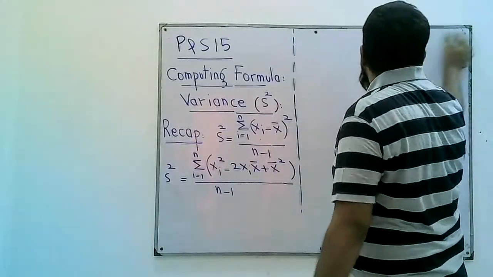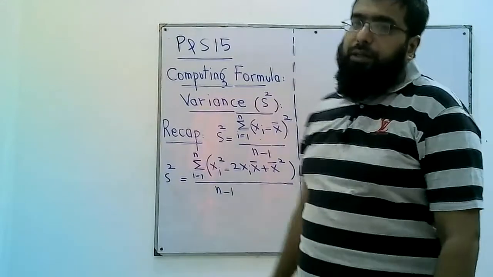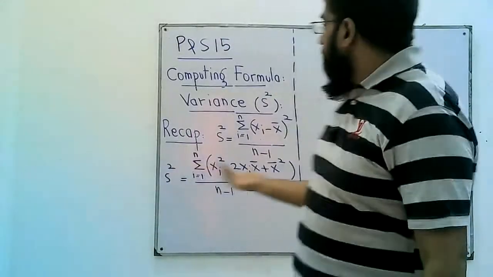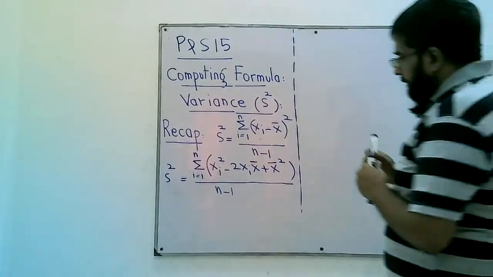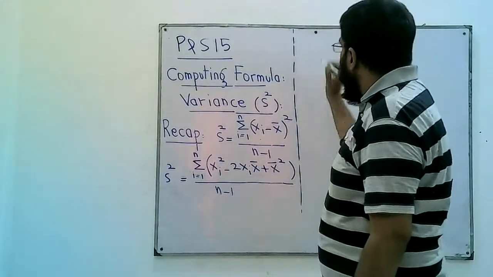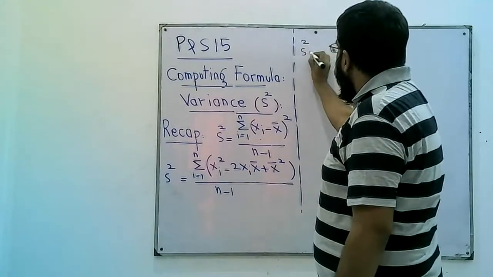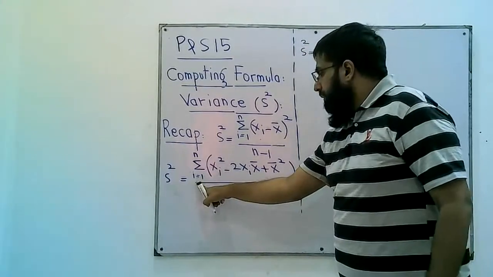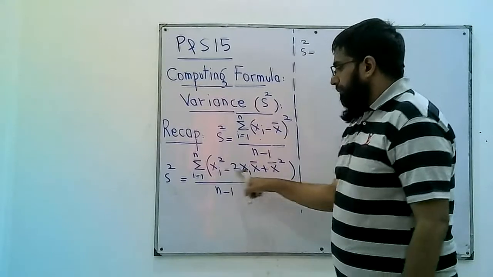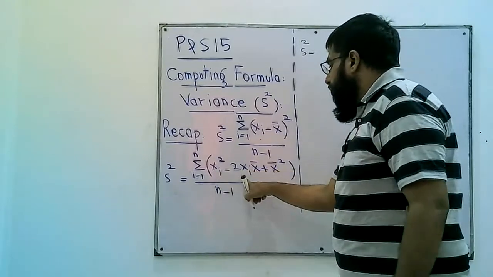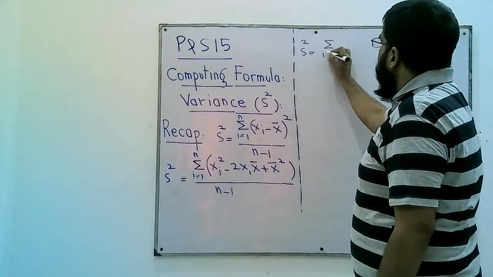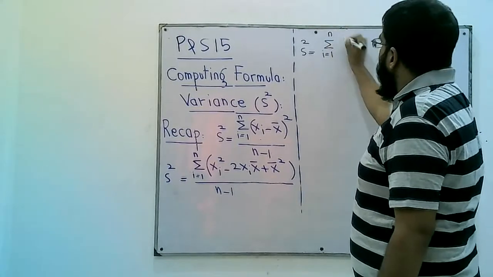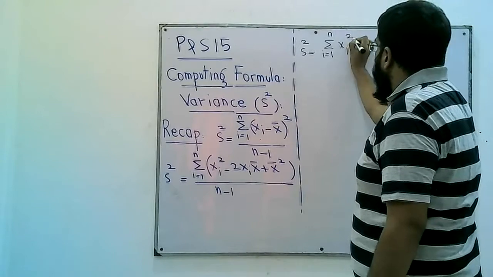We are in search of a formula that is computationally more feasible than this one. Let's solve it further. S squared can be written with the summation applied on each and every element because they are assumed to be independent of each other. So summation of xi squared.